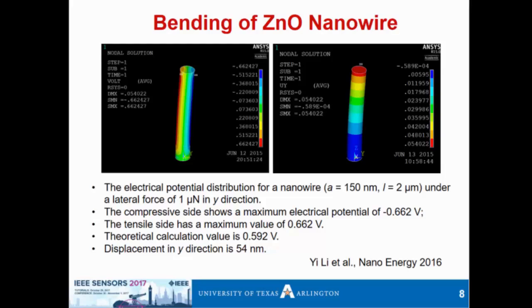And you can see that if I have a lateral force on the tip of 1 micronewton in the y direction, which results in a 54 nanometer displacement here, what I'm getting is about a total of 1.3 electron volt difference between the 2 sides.